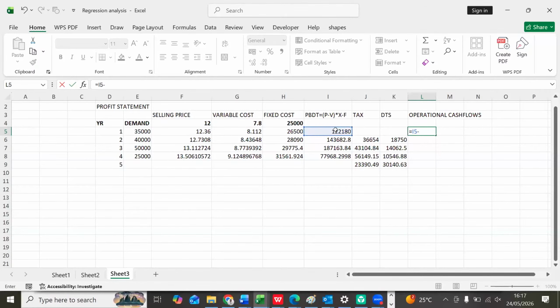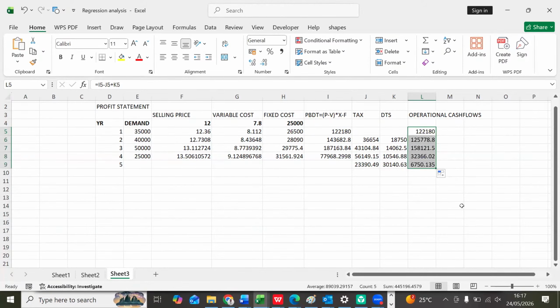I say minus the tax, which is 0 here. I'm just putting it up for my formula. Plus the depletion tax shield like that. So those are the operational cash flows. Then Control Enter, and I'll autofill all this down like that.